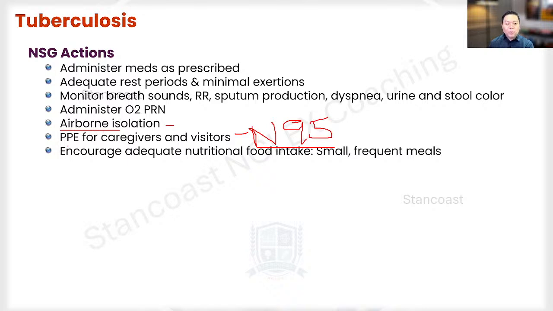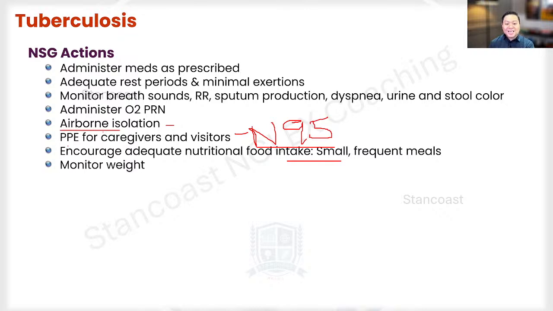And it's very important that we are promoting the intake of small frequent meals instead of large meals, because this can allow them to tolerate the food intake, and we will be able to expect much more tolerance as far as taking in.